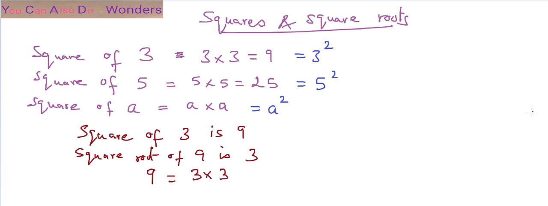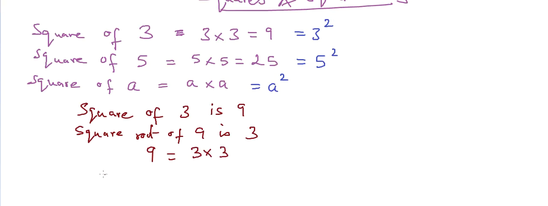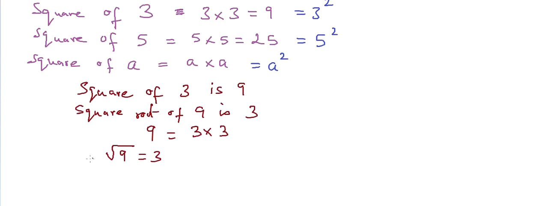See, we represent square root by this symbol. So this is called the square root symbol. Square root of 9 equal to 3. Or we know 9 is what? 3 square. Okay, square root of 3 square is 3.